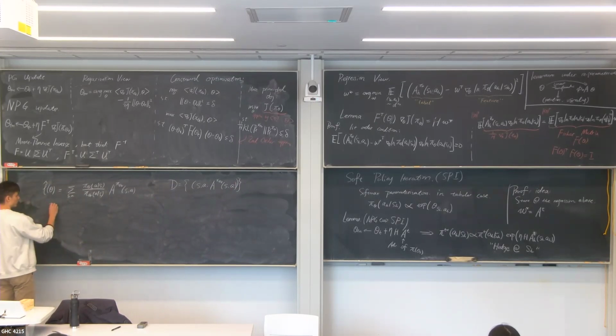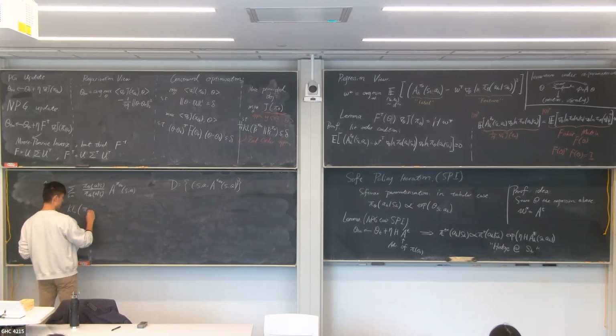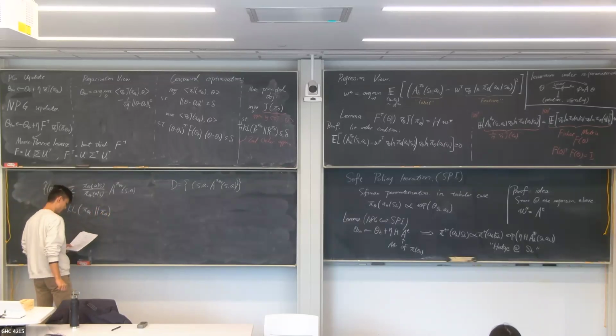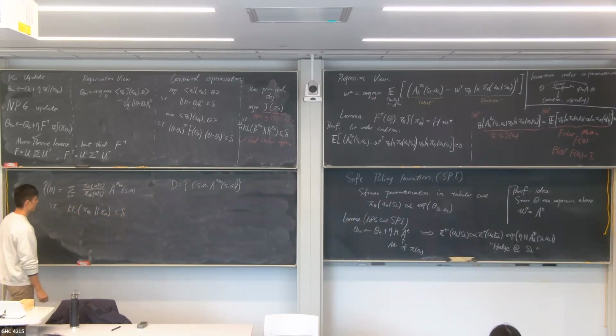So if you put some sort of constraint like the KL constraint, this sort of becomes the so-called trust region policy optimization.